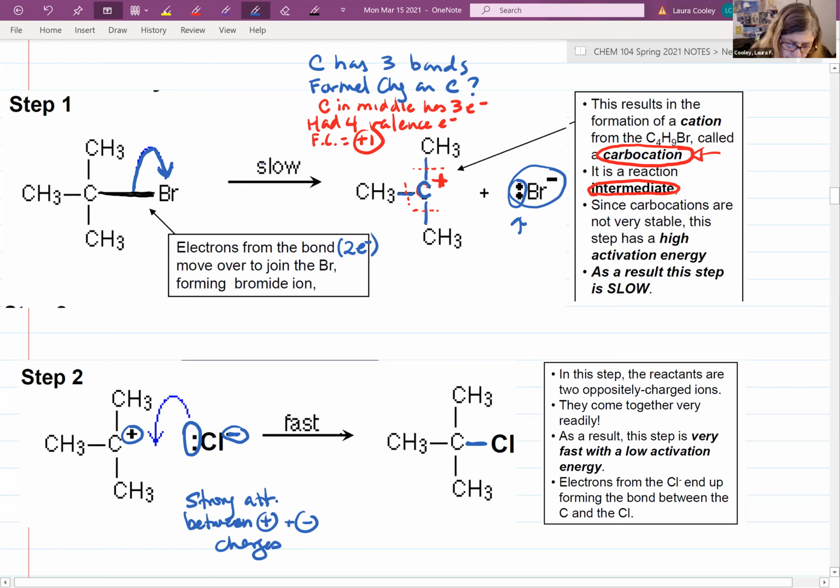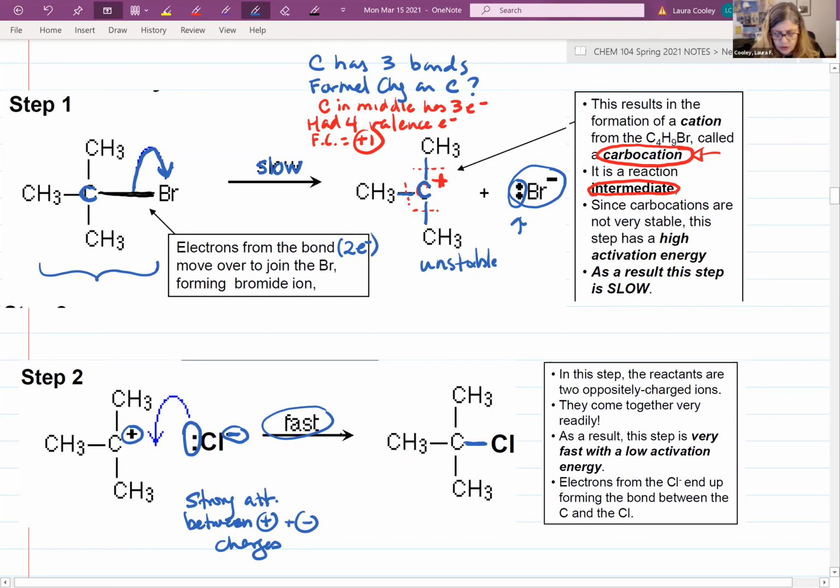So while the first reaction happens very slowly because this is unstable, this second reaction happens very fast. And you could see that the bond does indeed form between the C and the Cl, and we end up with the products. But this first step is just this molecule doing something.